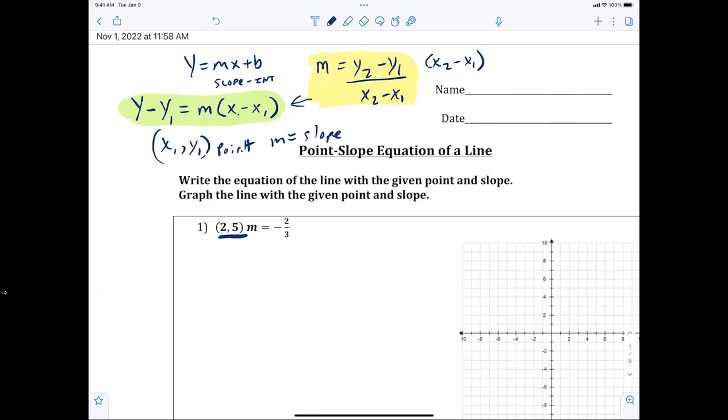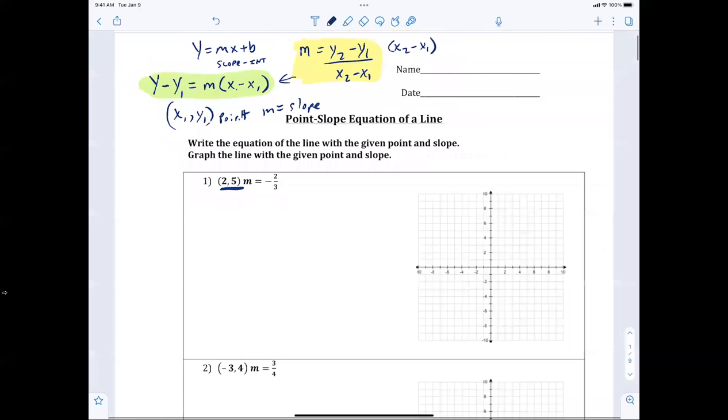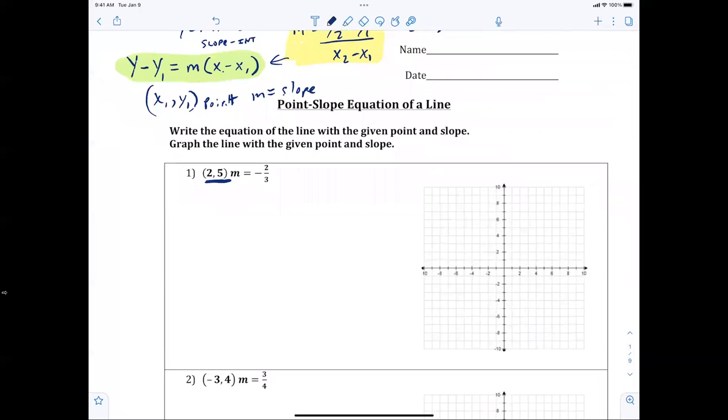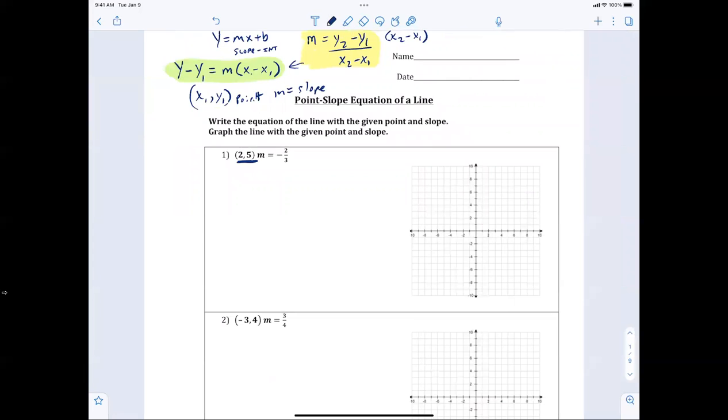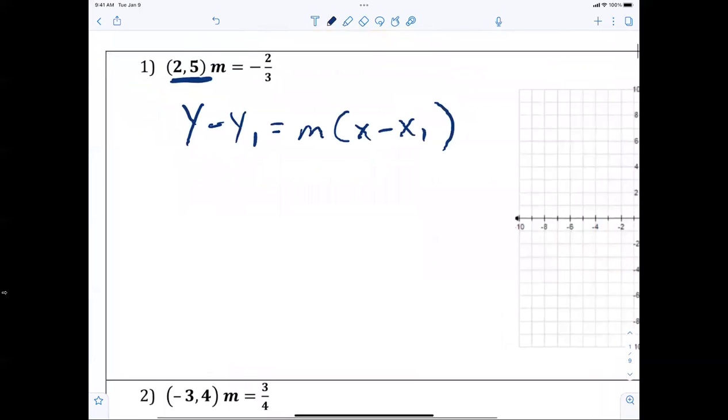All right, so now everybody look at number 1. The first thing I want everybody to do is write down the formula. We're going to write the formula about 10 times, and then you won't have to write it anymore. y minus y1 equals m times x minus x1. So to write the equation, someone lead me. What would it be? m equals.